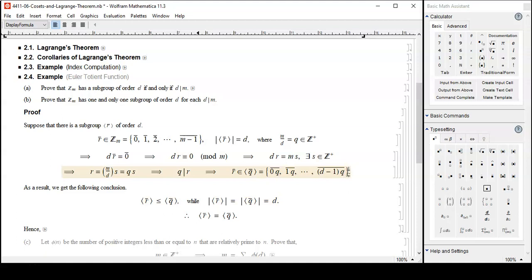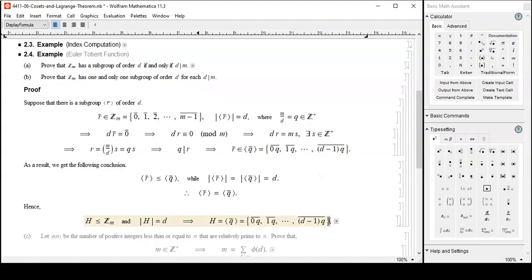Here, it's got to be one of those, s times q. But then again, they have the same order, so they must be the same. Consequently, oh yes, they're the same. Hence, if there's a subgroup of order d, then that's equal to this q bar. So we prove the uniqueness as well.